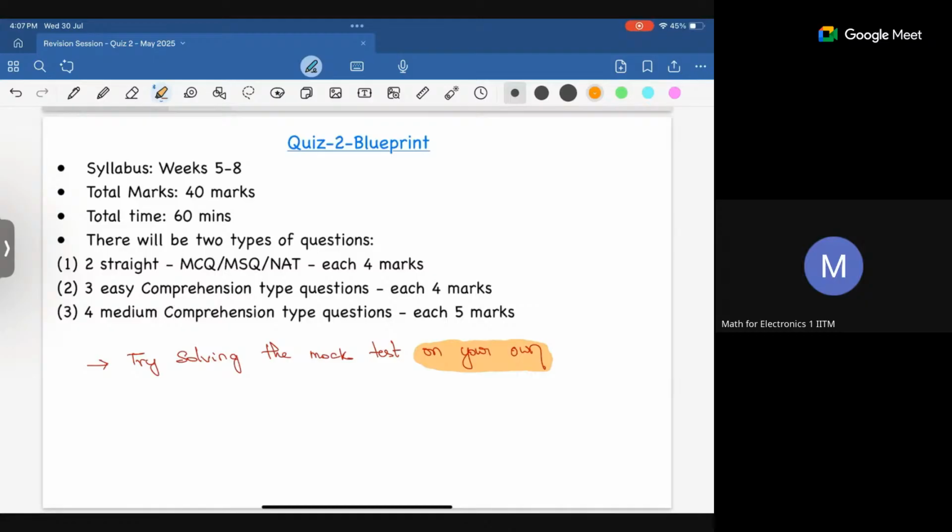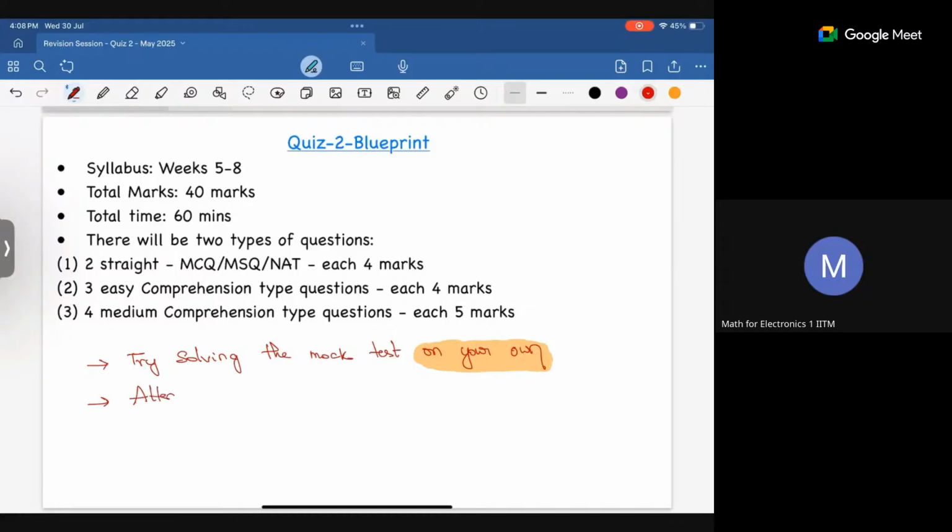Okay, so they are kind of replicas. So unless you know how to solve the problems in the mock on your own, you can't do it in the quiz, right? So you don't have the option to copy in the quizzes. So that is one thing.